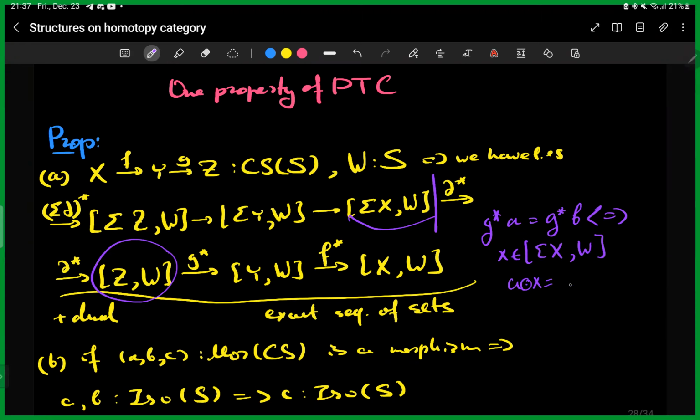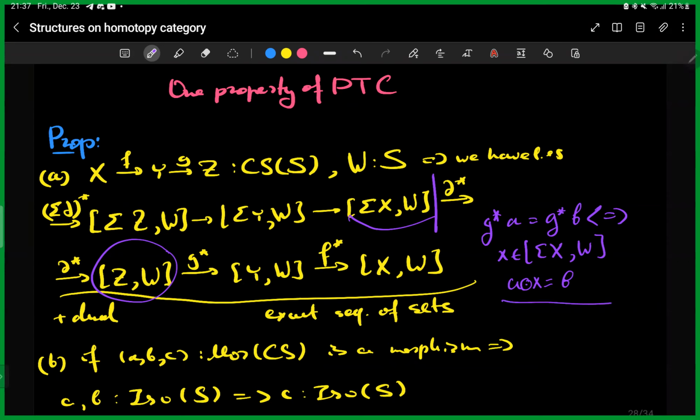So they lie in the same orbit. So that's exactness. Well, partially exactness in this term.